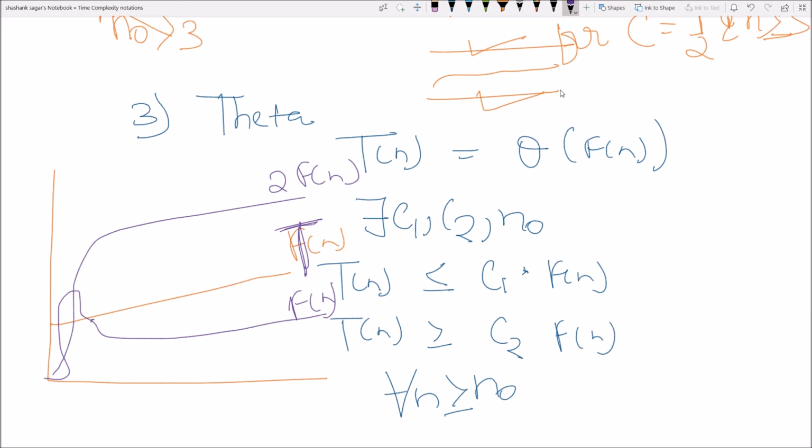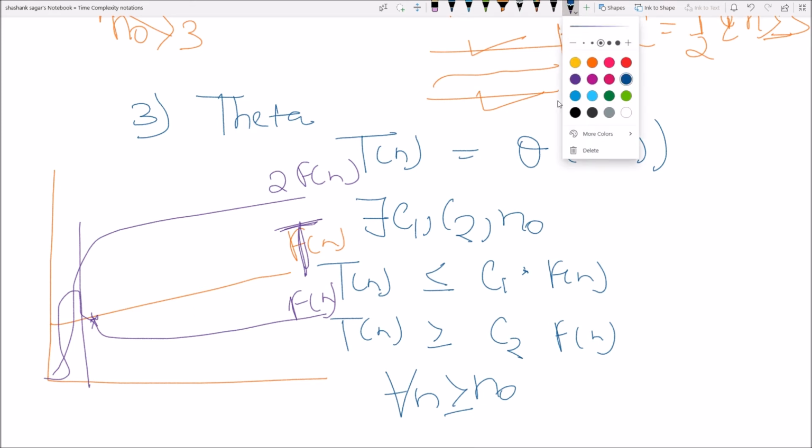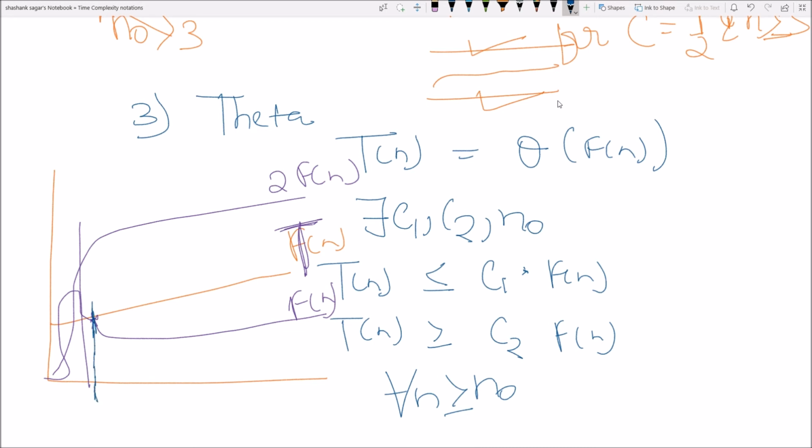As you can see here, T of n is smaller than or equal to twice of f of n, and T of n is greater than or equal to f of n.